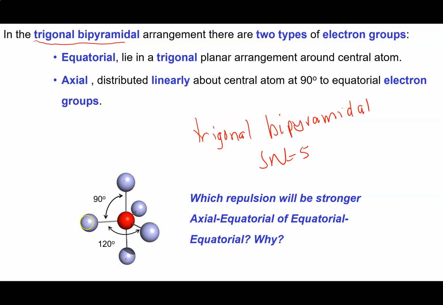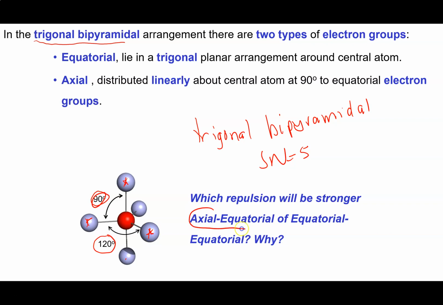And the interesting thing is that the bond angle between the equatorial electron groups is 120, whereas the bond angle between the axial and the equatorial electron groups is 90 degrees. So I'm going to get greater repulsion between axial and equatorial groups than what I am between equatorial groups.